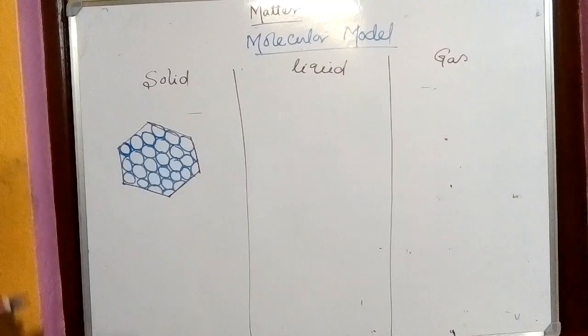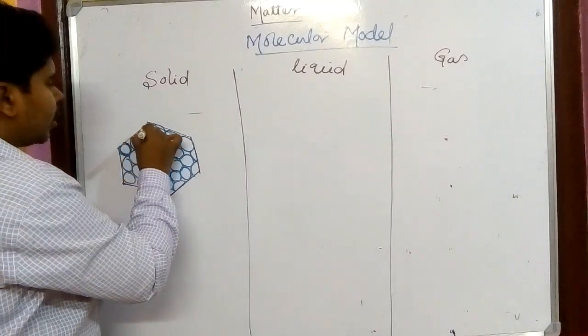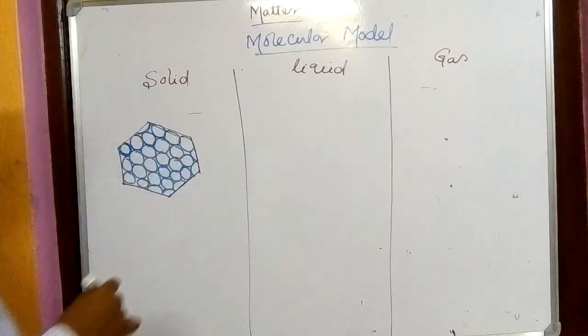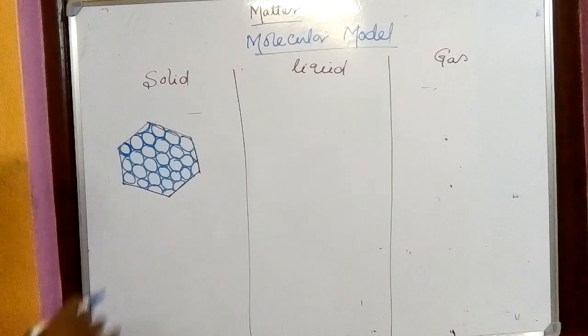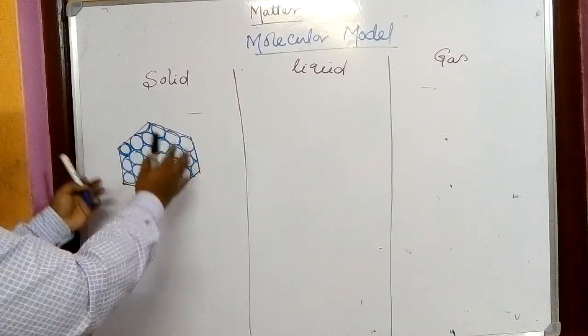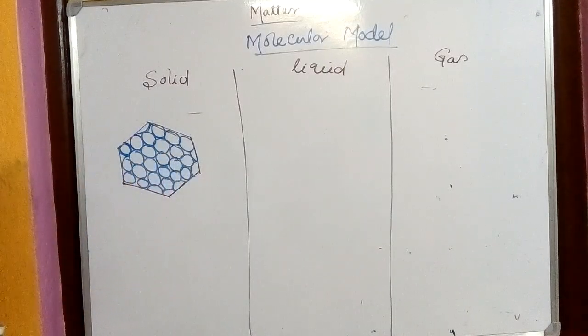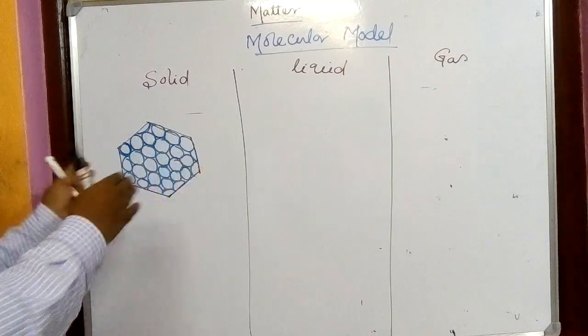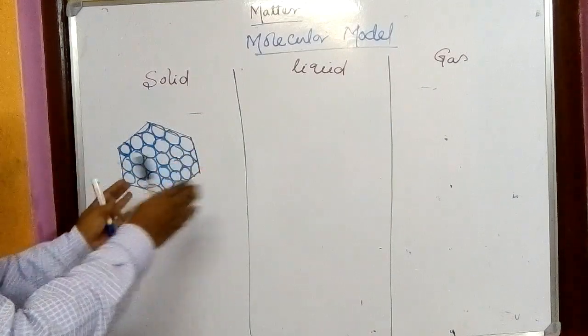That is the closeness we can see of the molecules inside the solid. You see, all these circles I have made are the molecules, and inside the solid they are very closely packed. They cannot move here and there.